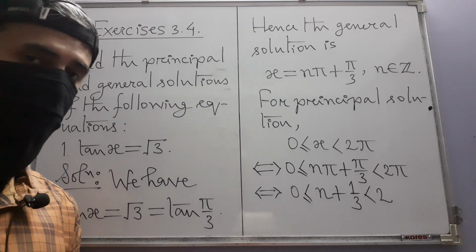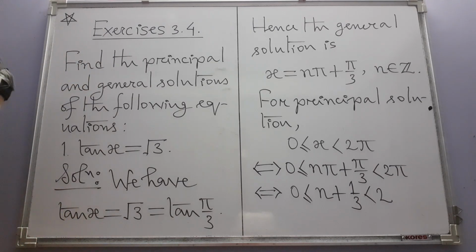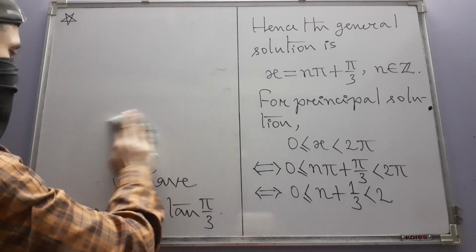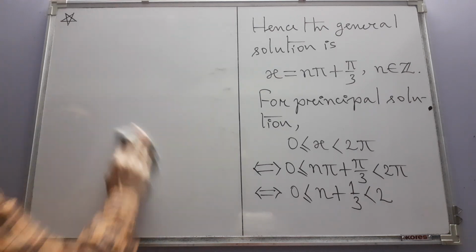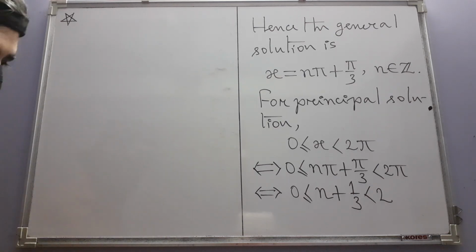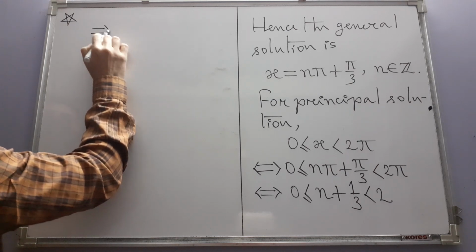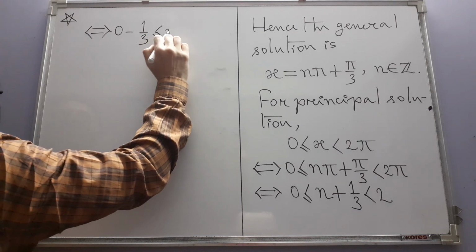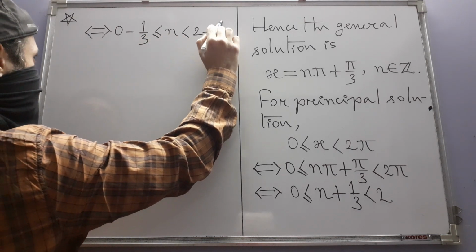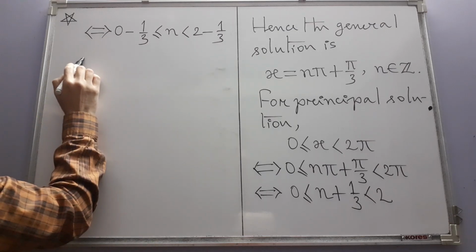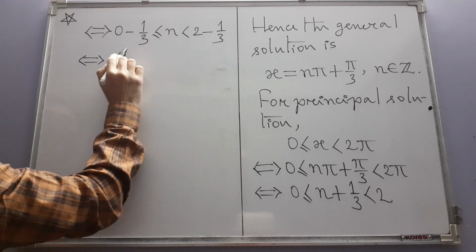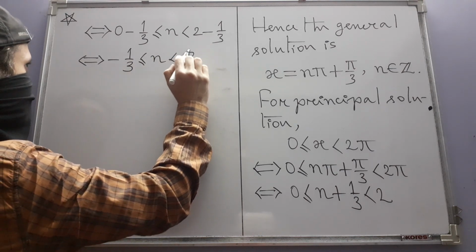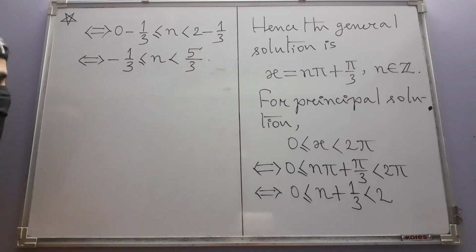And then you subtract 1 over 3 from the 3 terms. The middle one becomes n, and the rightmost one becomes 2 minus 1 over 3. Six minus 1 is 5. 5 divided by 3.